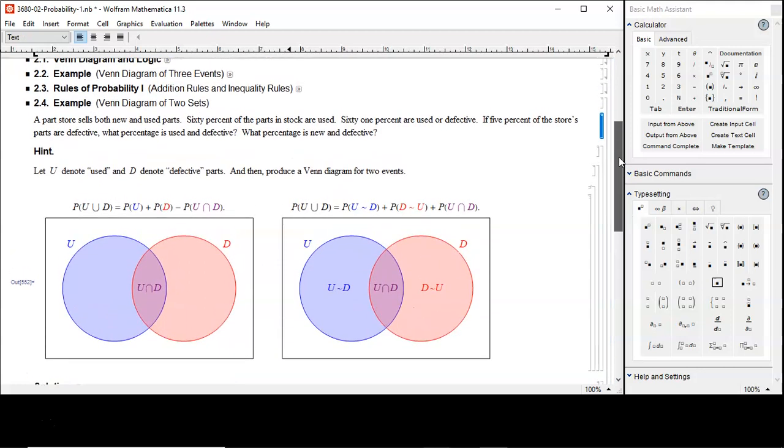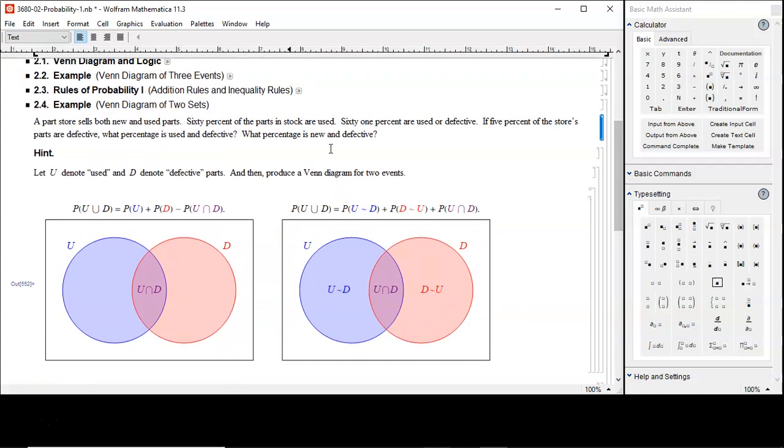Before going on, let's have a bit of a discussion here. Let me see. 60% are used, so entire blue is 60%. That's 60%, remember. And 61% is used or defective. Used or defective. So what is it?